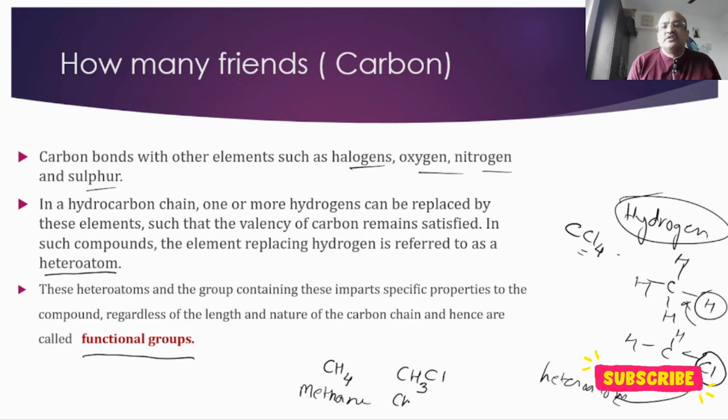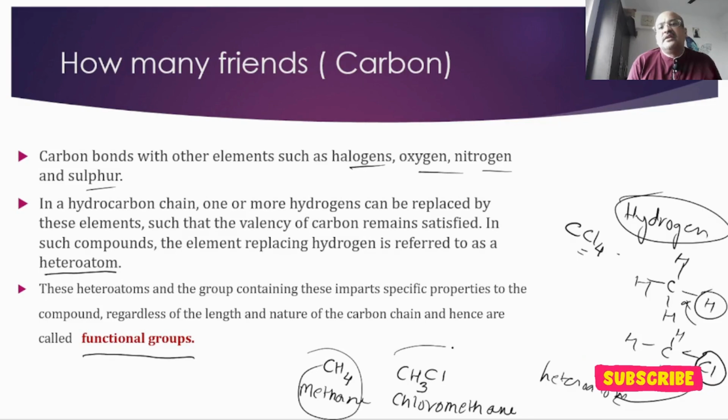So this is my chloromethane. Now you will see that the properties of methane and chloromethane are completely different. Why? Because the functional group has been attached. What is the functional group? It is my halogen, that is my chlorine. That comes under halogen: chlorine, bromine, fluorine, iodine.